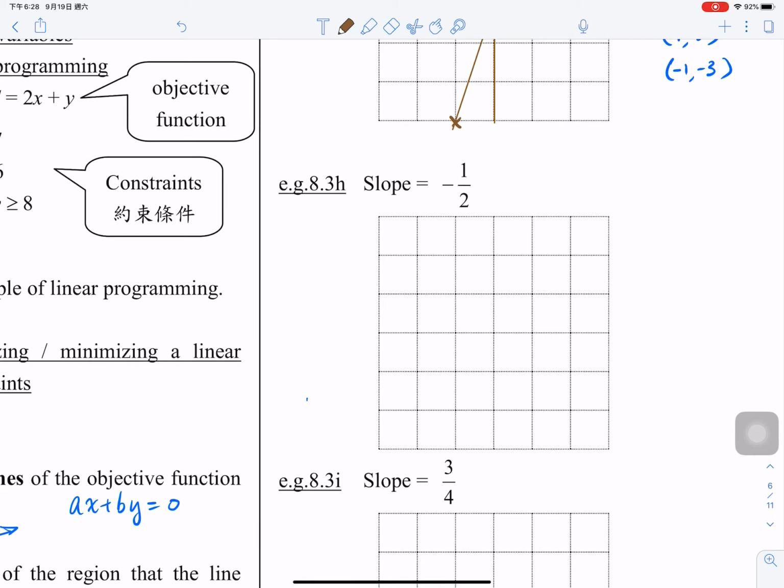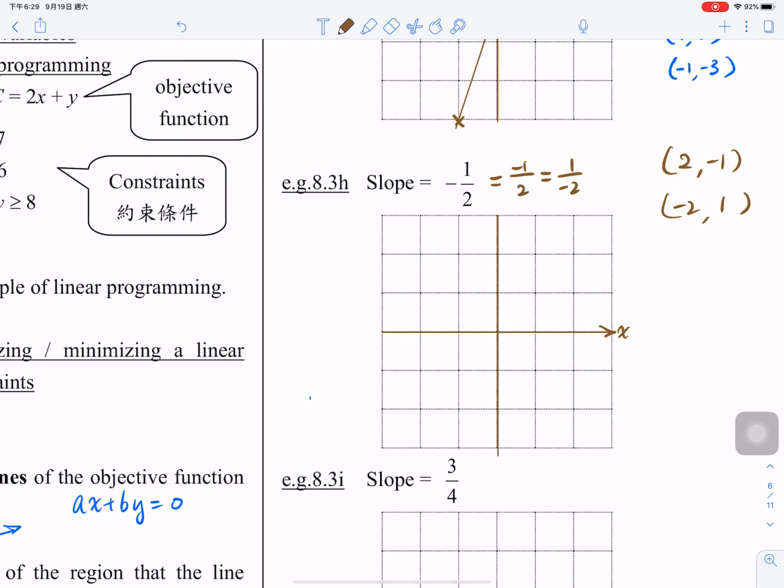The next one. Slope equals negative 1 over 2. You can think of it as negative 1 over 2 or 1 over negative 2. So which 2 points will it pass through? One is 2, negative 1. The other one, negative 2, 1. Again, I draw the 2 axes first, x and y. Here is 0. 2, negative 1.